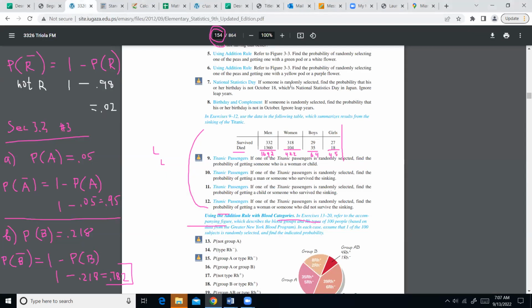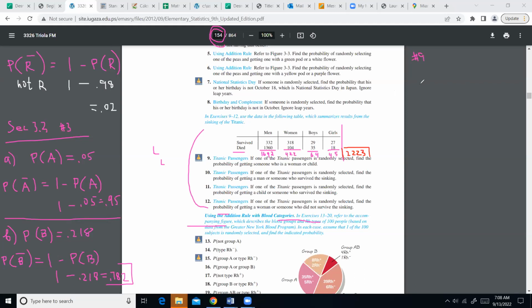So let me write this down so we don't forget that. 2223. So this is my grand total for the whole sample considered. So problem number 9 is asking about probabilities. So I'm probably going to have to use this grand total. So let us see what they want.